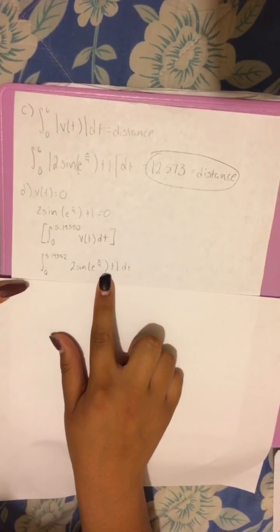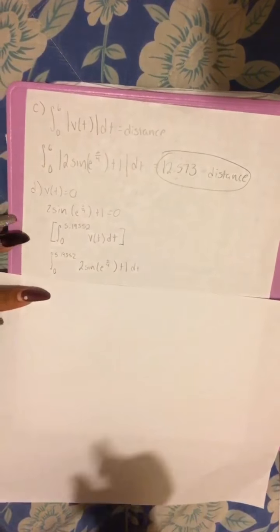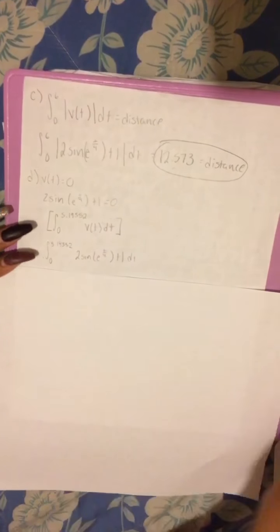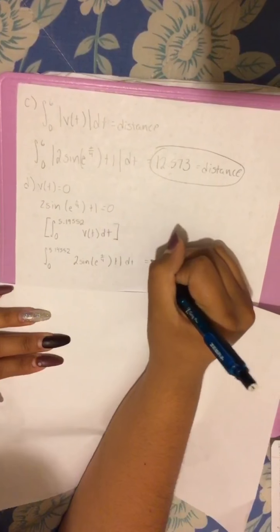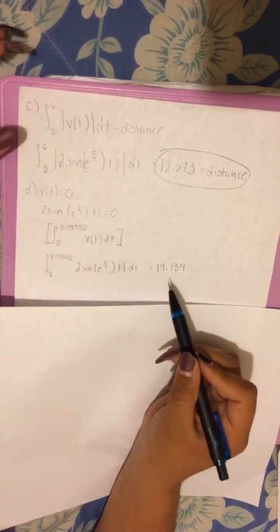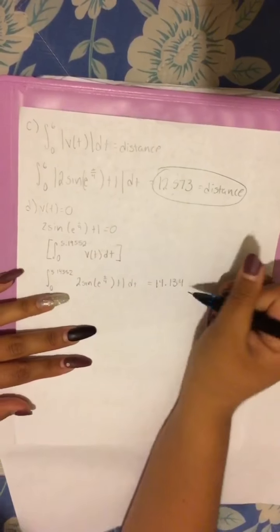And remember, once you find this on the calculator, you have to add 2 because the 2 was the starting point. After we add the 2, the answer will be 14.134. That will be the position of the particle at that time, not the starting point.